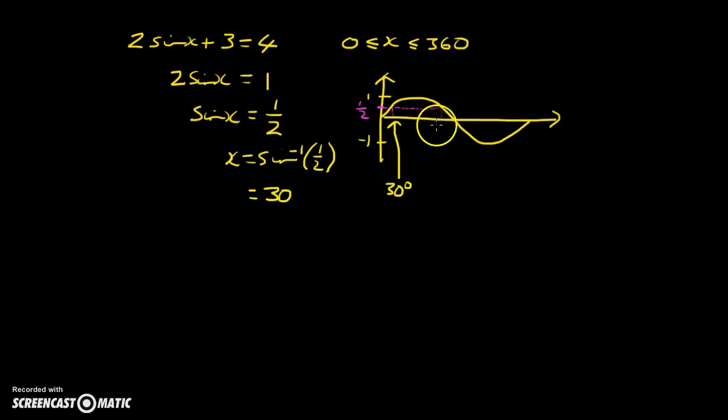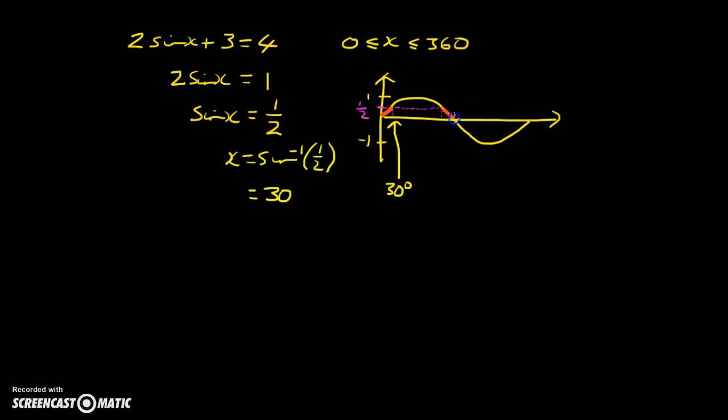Right, we also want to find this other solution, but the calculator doesn't give us that other solution, but we can use the graph to help us. So we know that this part of the graph, that little part there, is the same as that part there. So they're symmetrical. In other words, the distance from there to there is the same as the distance from there to there.